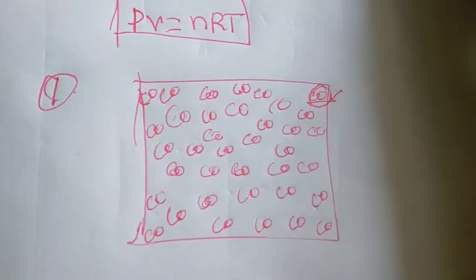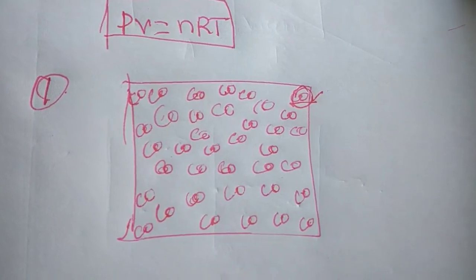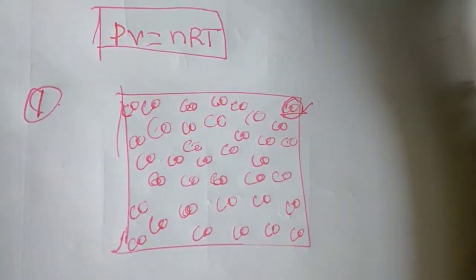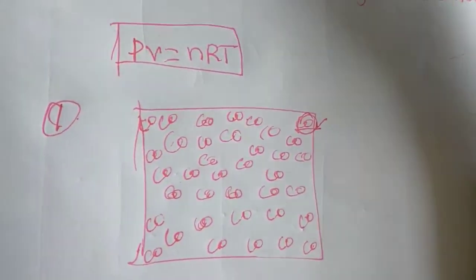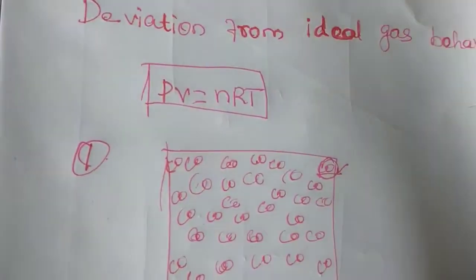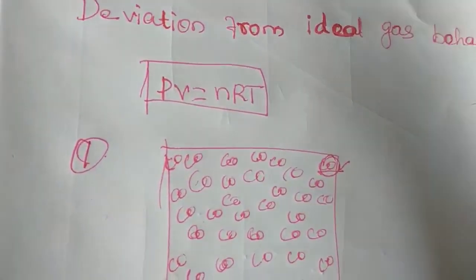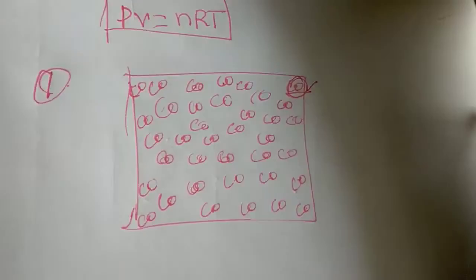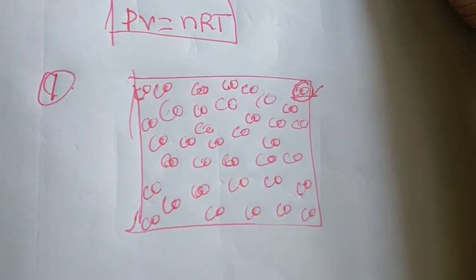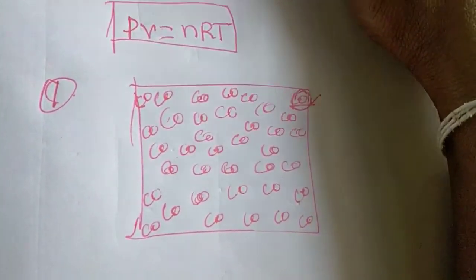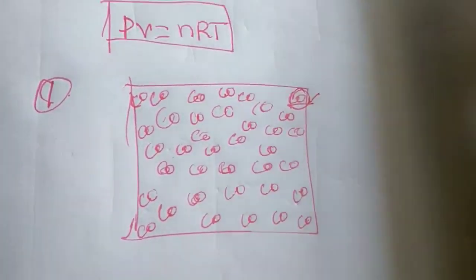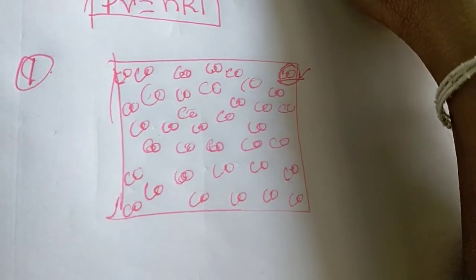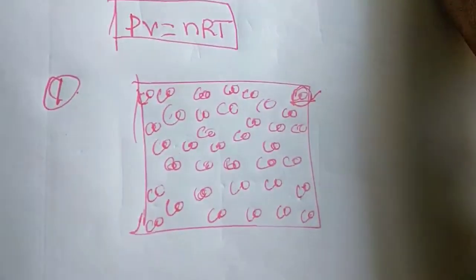But actually, for real gases, we already know that the ideal gas is one imaginary gas. Okay, so we assumed like that. We assumed that the ideal gas should be like this, under these two conditions, but real gases are not obeying this ideal gas behavior all the time.